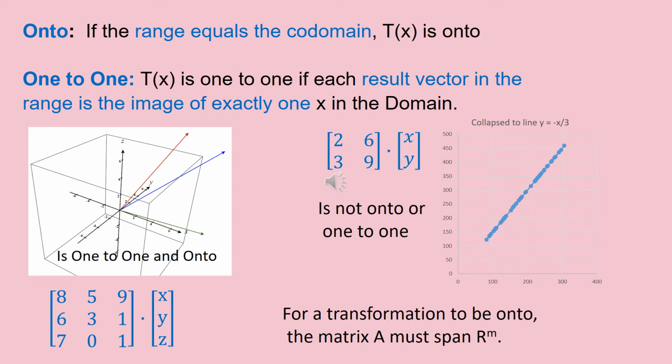Our example where we collapse the cardinal bird onto the line, that transformation is not onto, nor is it one-to-one. There are points on that line that can be obtained by more than one vector being plugged into the transformation, and we obviously are not covering all of R2, we're only covering that line.